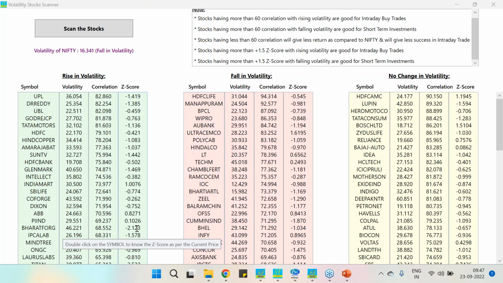Negative Z score is good for the intraday sell, provided it gives you the intraday sell breakout. Once it gives you the sell trend, that day these stocks will definitely give you success.